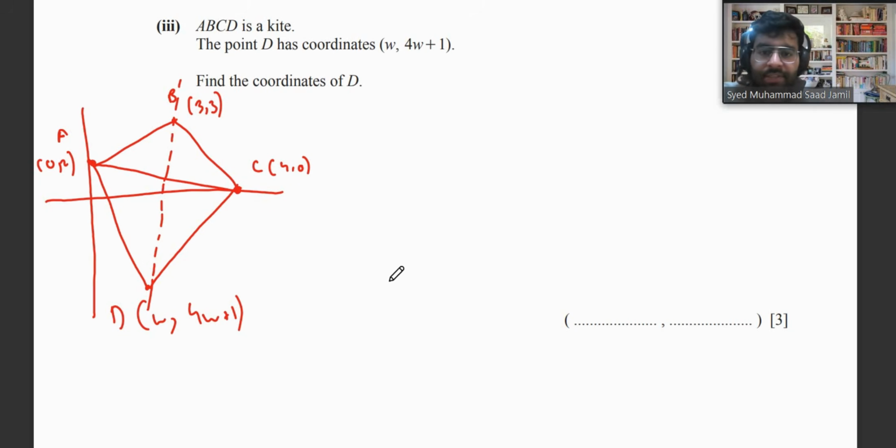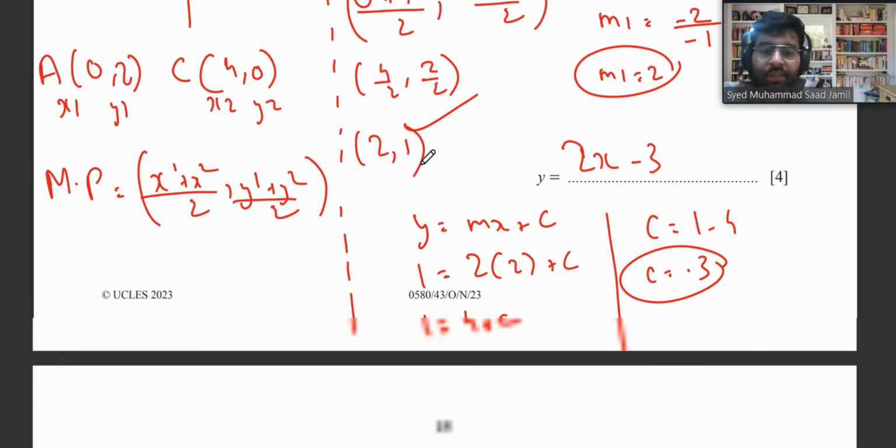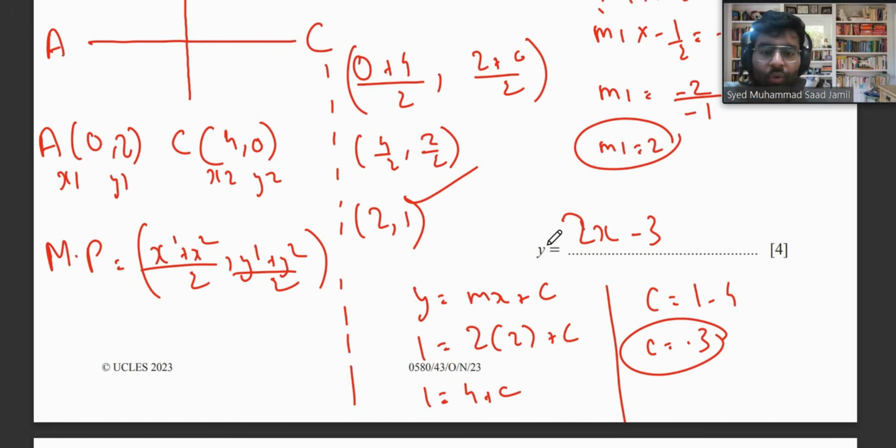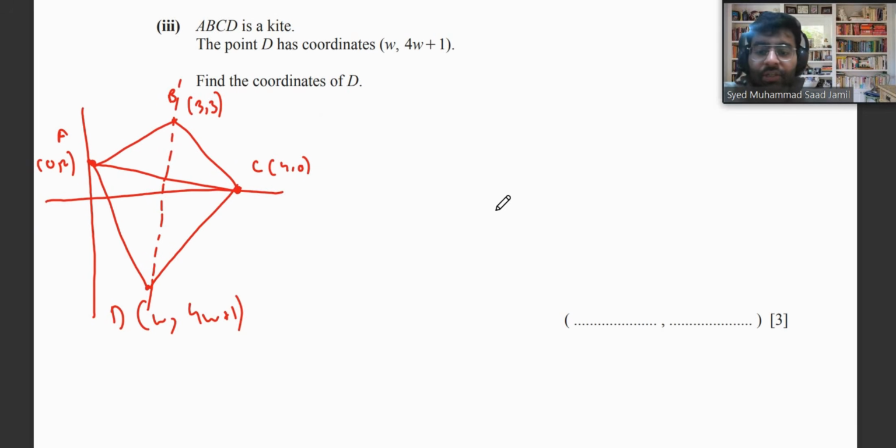Alright, which means we already know the gradient for perpendicular bisector of AC, which is 2. We calculated it over, where did we calculate it? Over here, look, 2. This means that the gradient of line BD is also 2. Now look, formula, what are the coordinates of B? 3 comma 3.